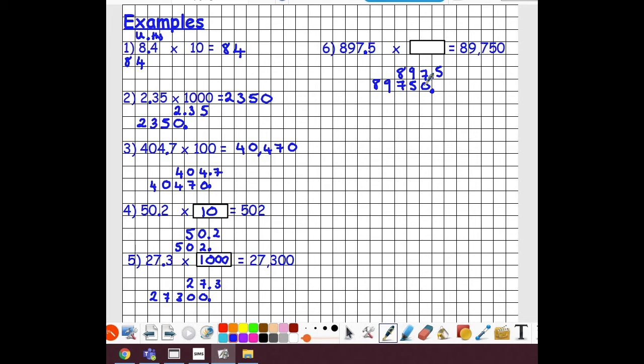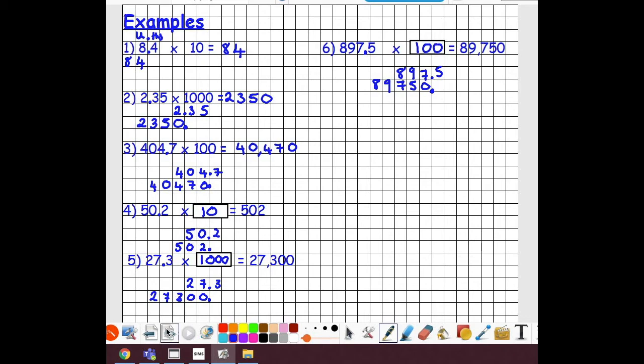This time we can see the 8 has moved 1, 2 digits. The 9 has followed suit, 1, 2 digits, and it's going to the left. If they move 2 places to the left, we know the number must have been times by 100.